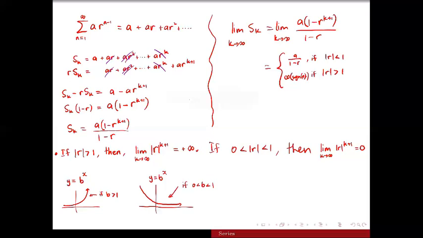Because if a is negative, then you will have negative infinity. If a is positive, then you will have plus infinity. So let me write that. So instead of sign a here, I'll just write plus or minus infinity. Plus infinity or minus infinity. Now, we have that.